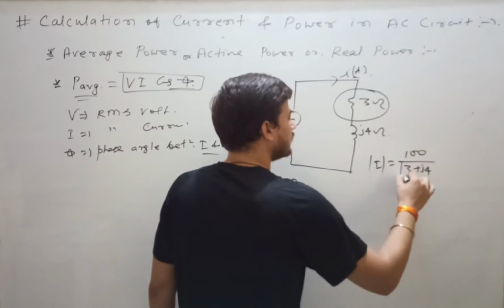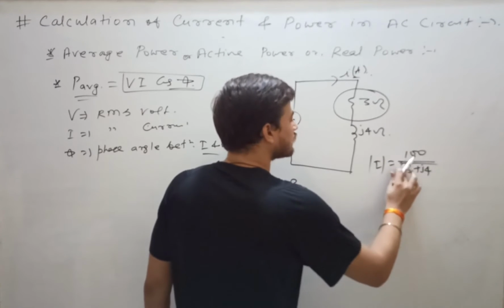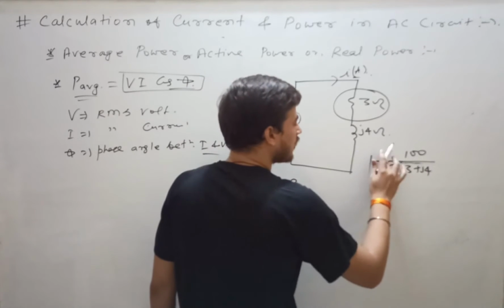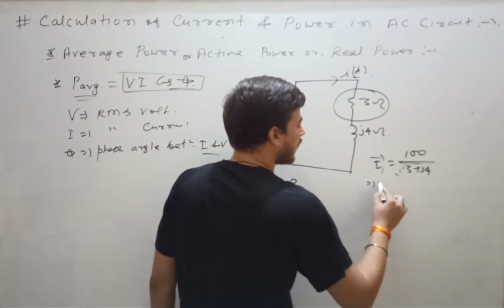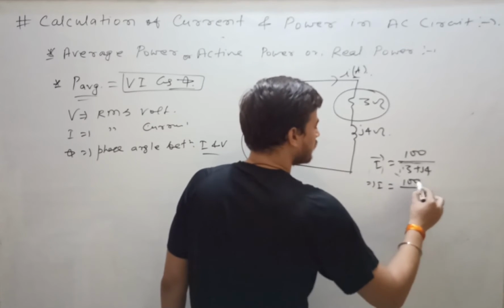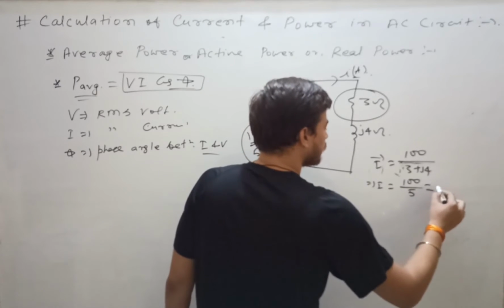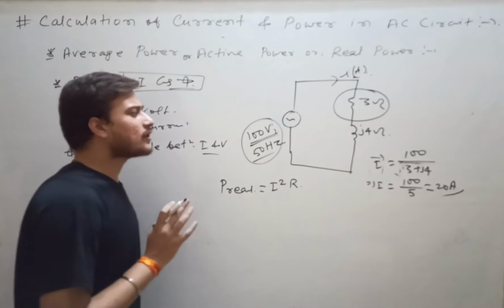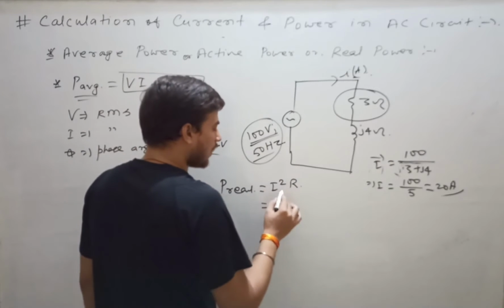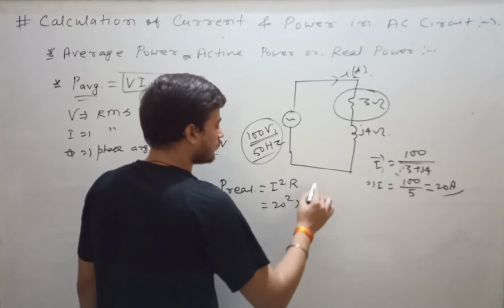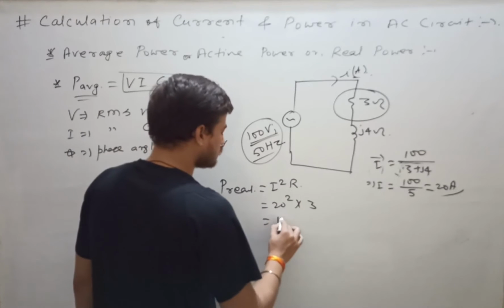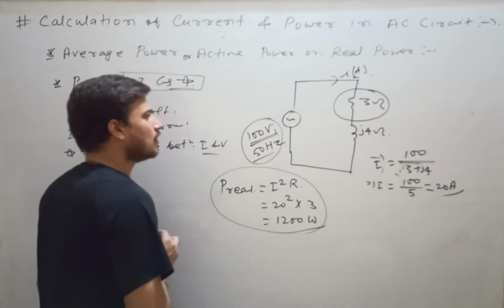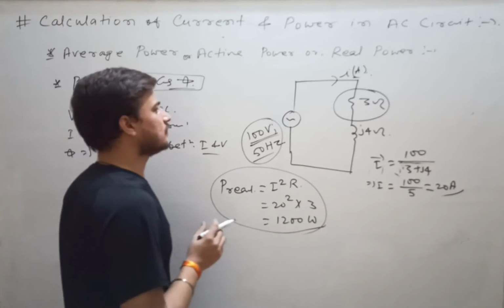The magnitude of 3 plus j4 is the square root of 3 square plus 4 square, so I will be 100 divided by 5, equal to 20 ampere. I am not writing the angle because the angle is not needed here. I square into R means 20 square into 3, that means 1200 watt. This will be the answer for the real power of this circuit.